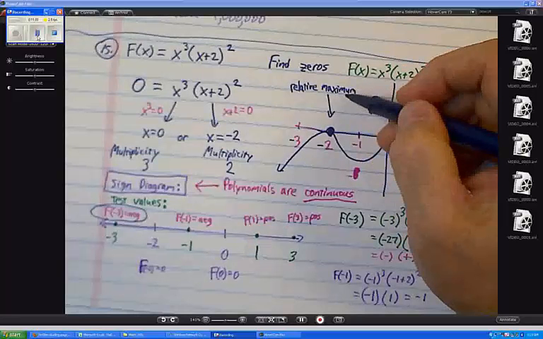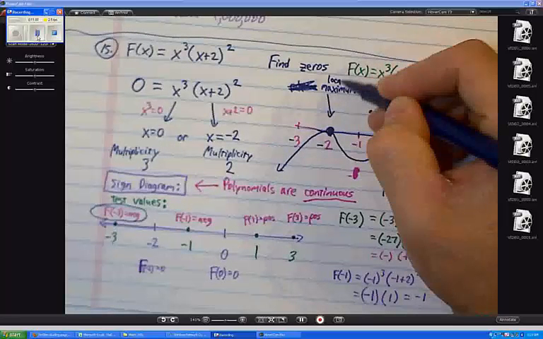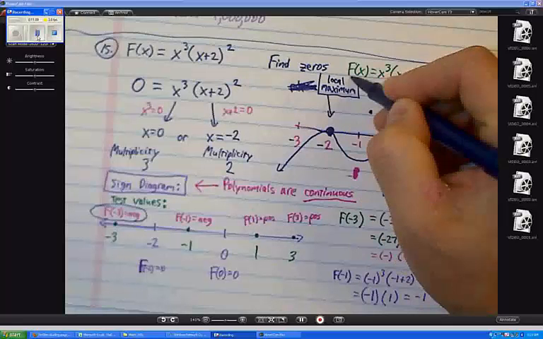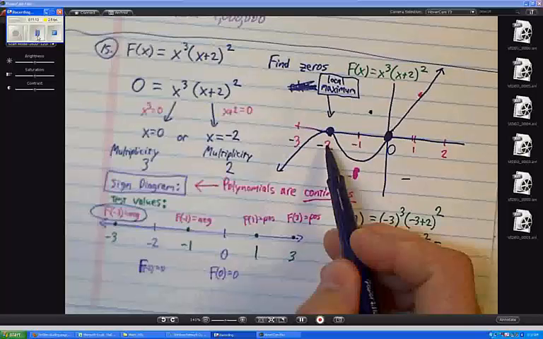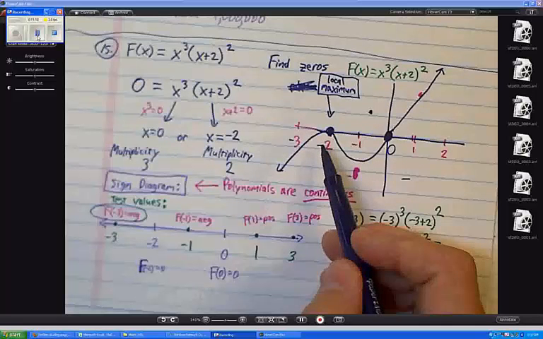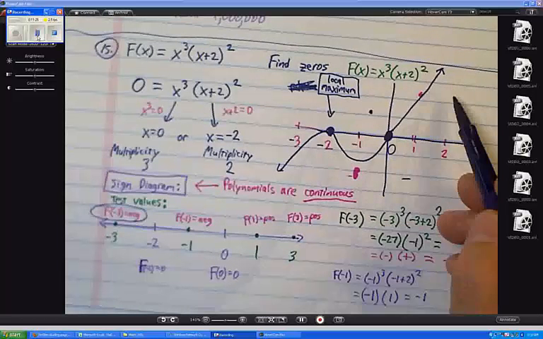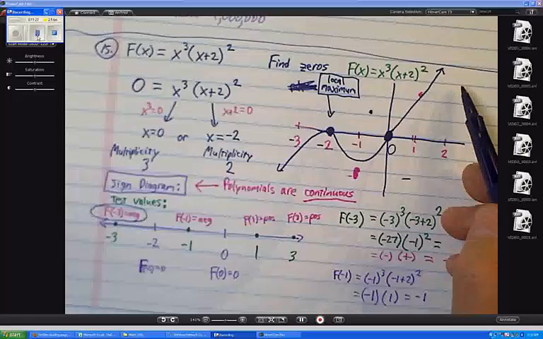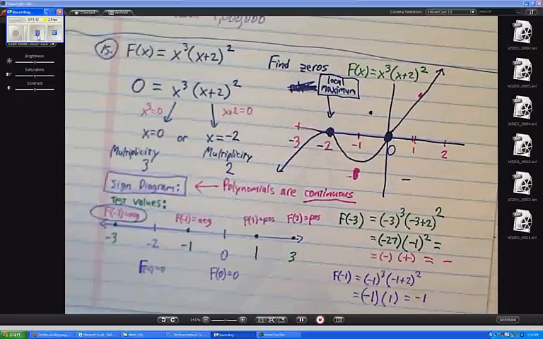Local maximum. Relative maximum is another word for that. Is that a global maximum? Or not? Is that an absolute maximum for the whole function? No, because we can get as high as we want this way. The end behavior goes to infinity as x goes to infinity. But this is what you call a local maximum. So the multiplicity signals that that might happen. Not that it has to happen, but that it might.